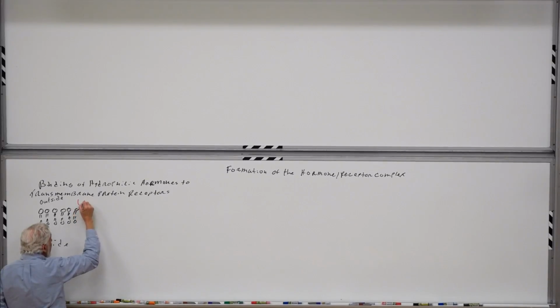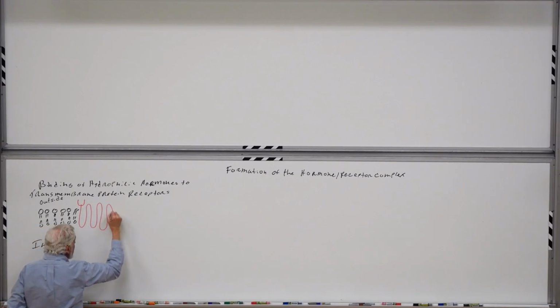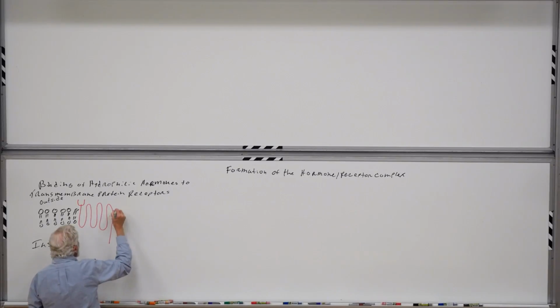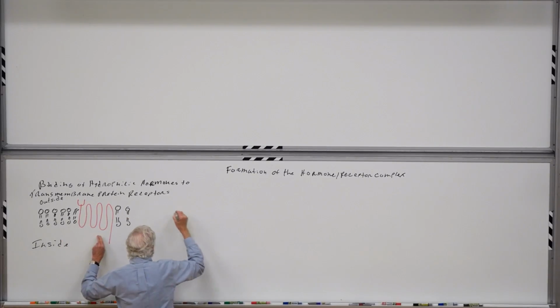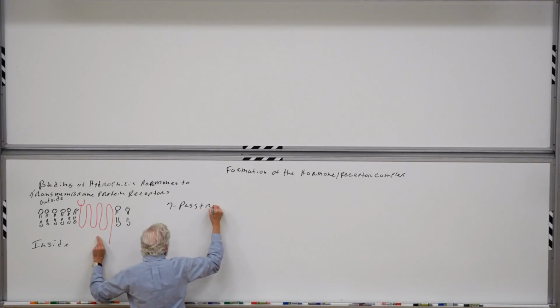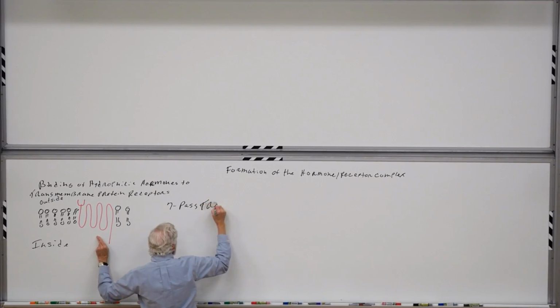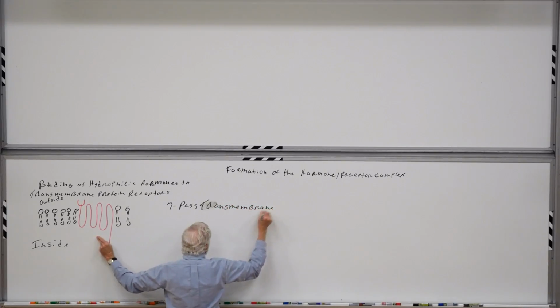I'm going to simplify this a lot. It comes across the membrane 1, 2, 3, 4, 5, 6, 7. So this is a transmembrane protein. This is said to be a 7-pass transmembrane protein.